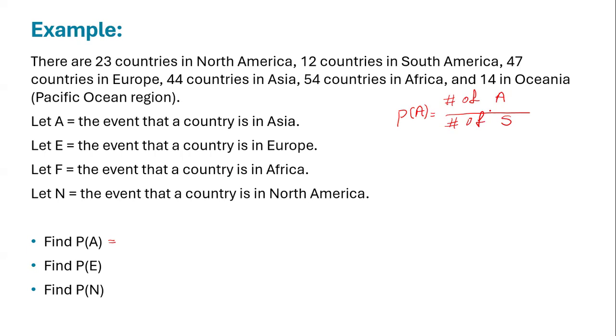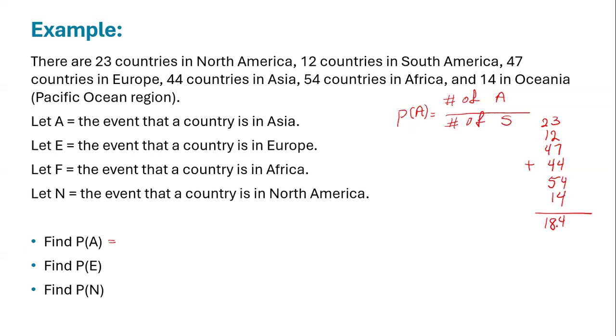How many countries do we have? 23 in North America, 12 in South America, 47 in Europe, 44 in Asia, 54 in Africa, and 14 in Oceania. If I add them all together, I get 184. That's the number of outcomes in the sample space.